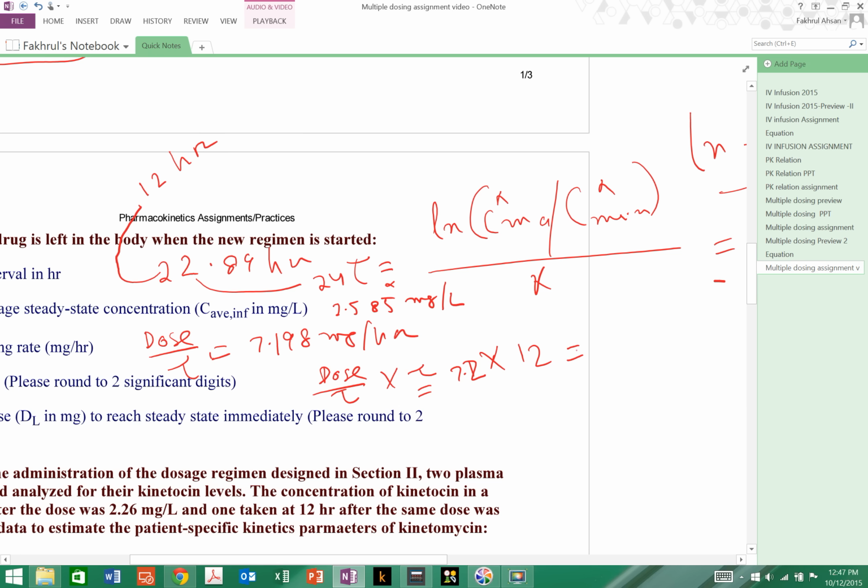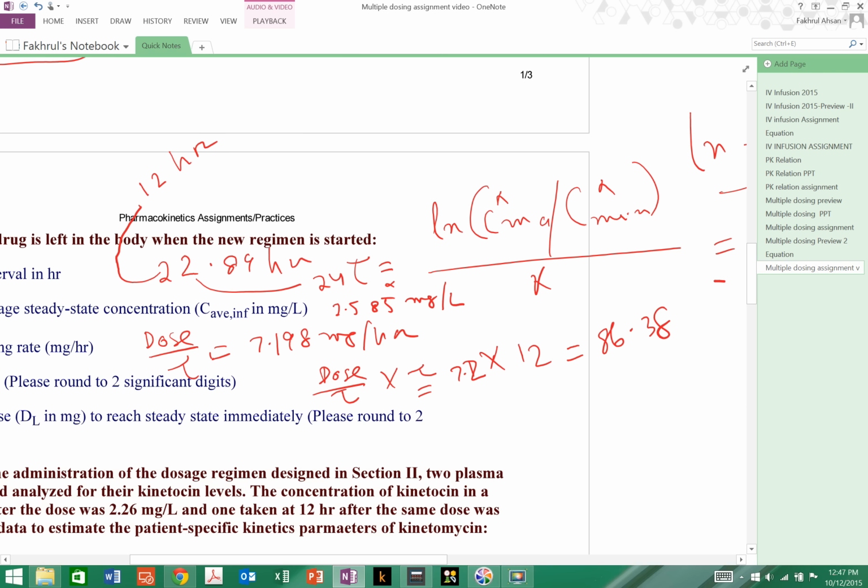It is going to be something like 72. Let's see on my calculator. 7.2 multiplied by 12 is going to give you 86.38.